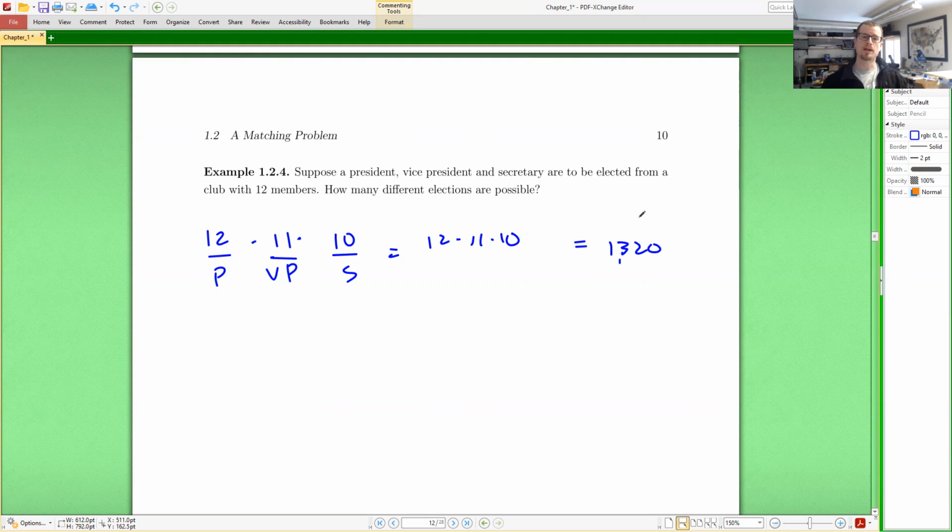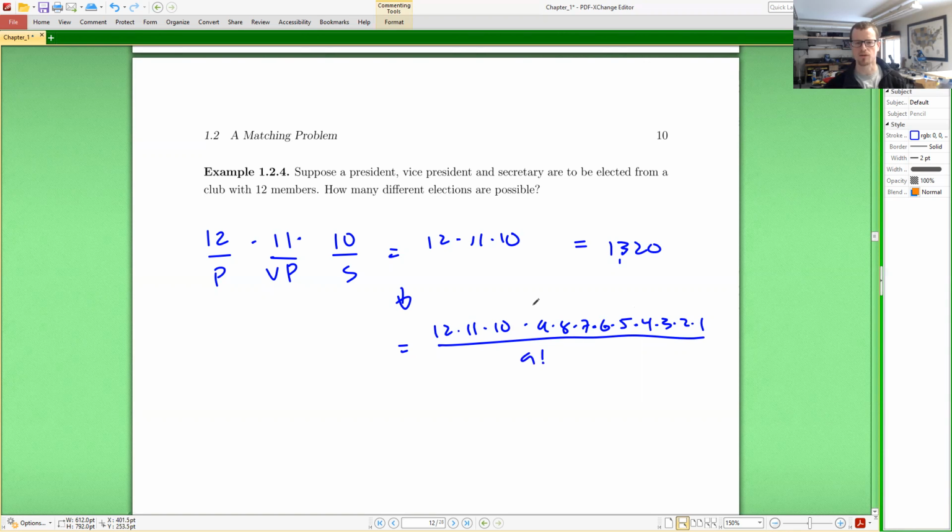Okay, well, is that really all that we wanted to take away from this example? No, we can actually write this using factorials. If I wrote this as 12 times 11 times 10, 12, 11, 10, 9, 8, 7, 6, 5, 4, 3, 2, 1, and then divide by the same thing, well, that was just 9 factorial.